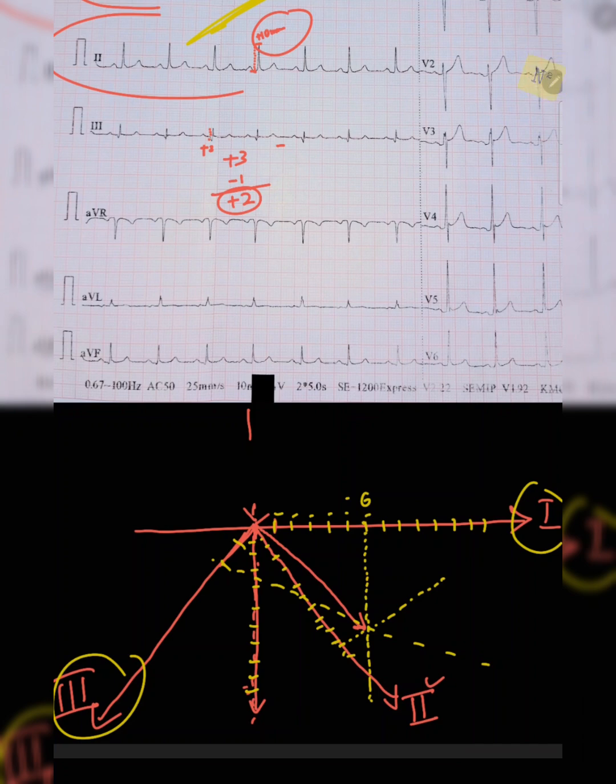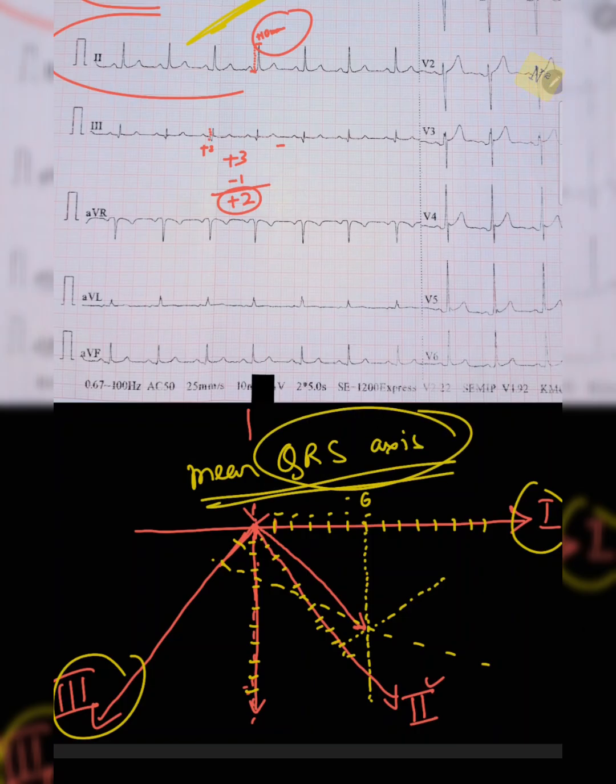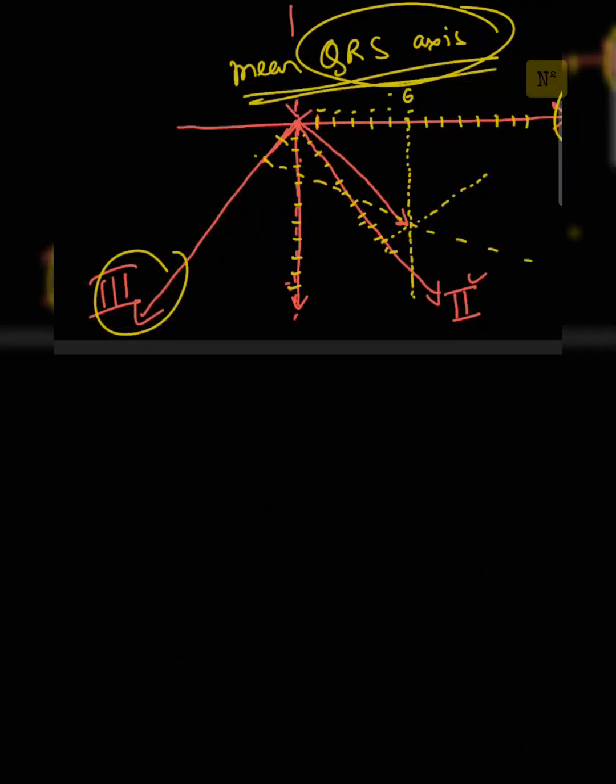So this is the mean QRS axis of a person, and that has a significance in ECG recording and interpretation. The mean QRS axis in a normal situation should lie from minus 30 degree to plus 110 degree.